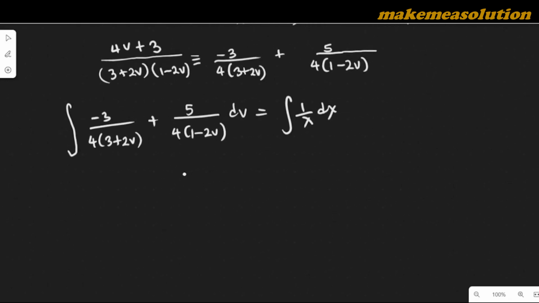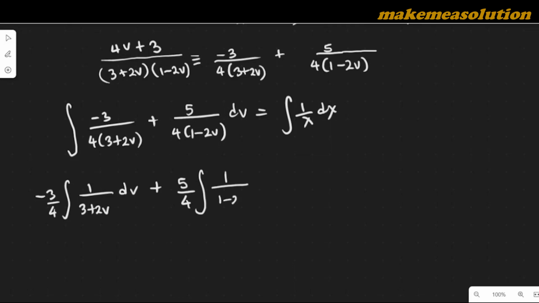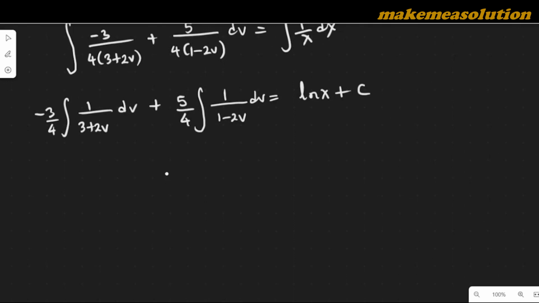I'm going to distribute the integral on the left hand side. I'll get negative 3 over 4 integral of 1 over 3 plus 2v dv plus 5 over 4 integral of 1 over 1 minus 2v dv is equal to natural logarithm of x plus c.